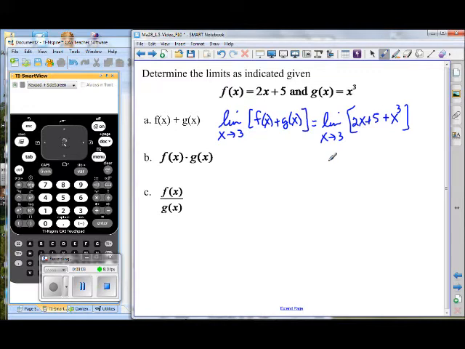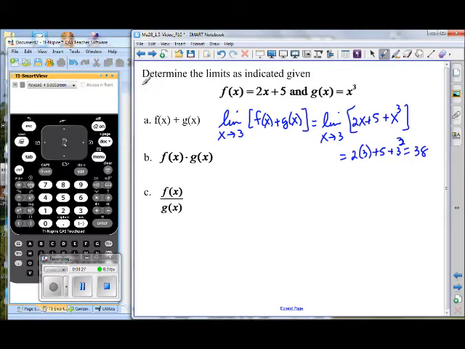We also could say that at this point we have the sum of 3 different polynomials, and we just saw on 2 slides ago that we can use direct substitution. So we have 2 times 3 plus 5 plus 3 cubed there, and this would turn out to be 38.